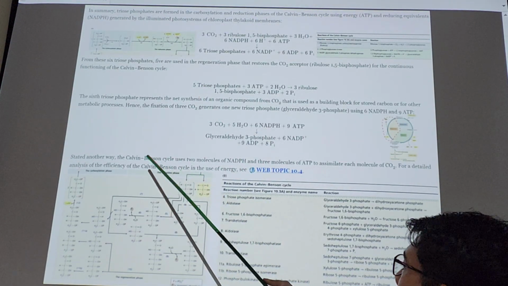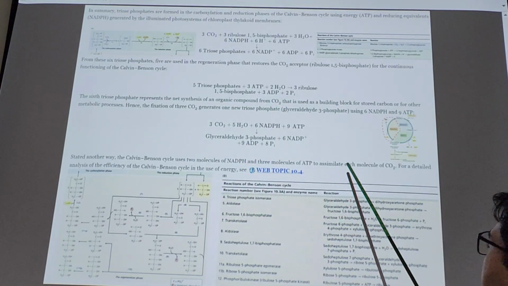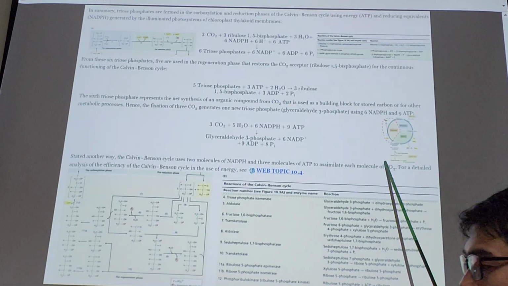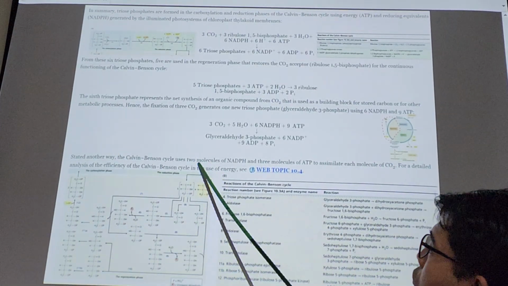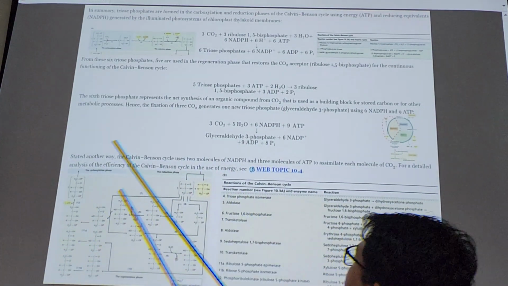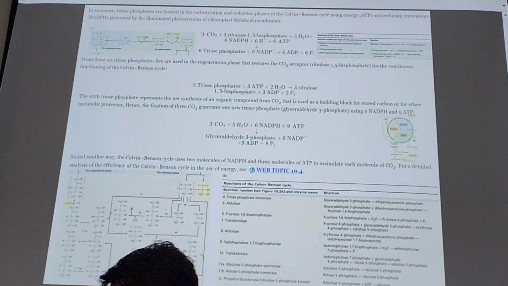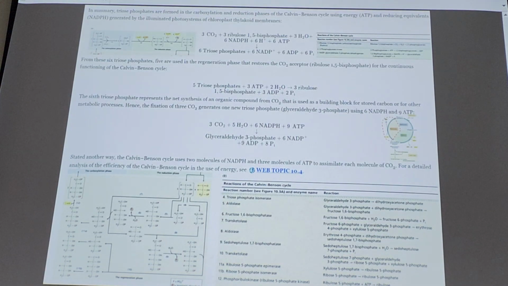This sentence here. So at the end of the cycle, in order to assimilate each molecule of CO2, you will need 2 molecules of NADPH and 3 molecules of ATP. Sorry, I mixed it up. I forgot. 2 NADPH and 3 ATP.